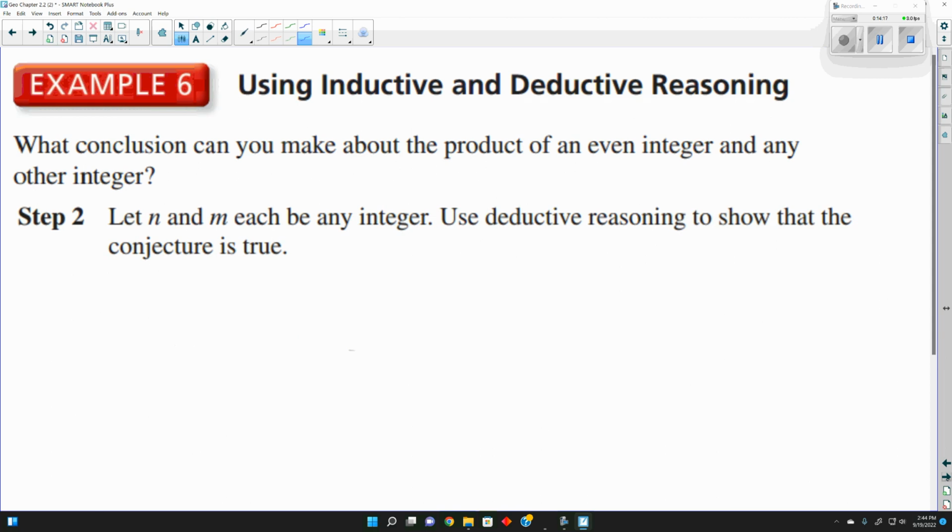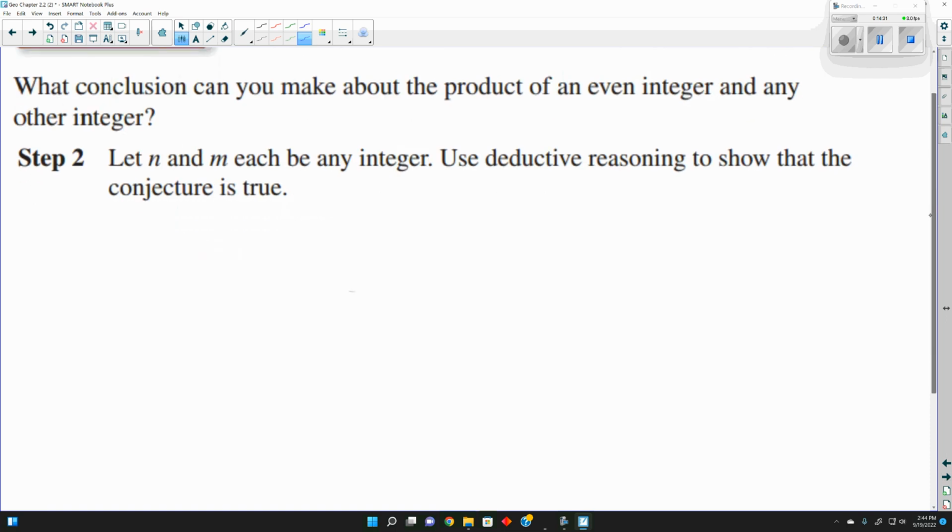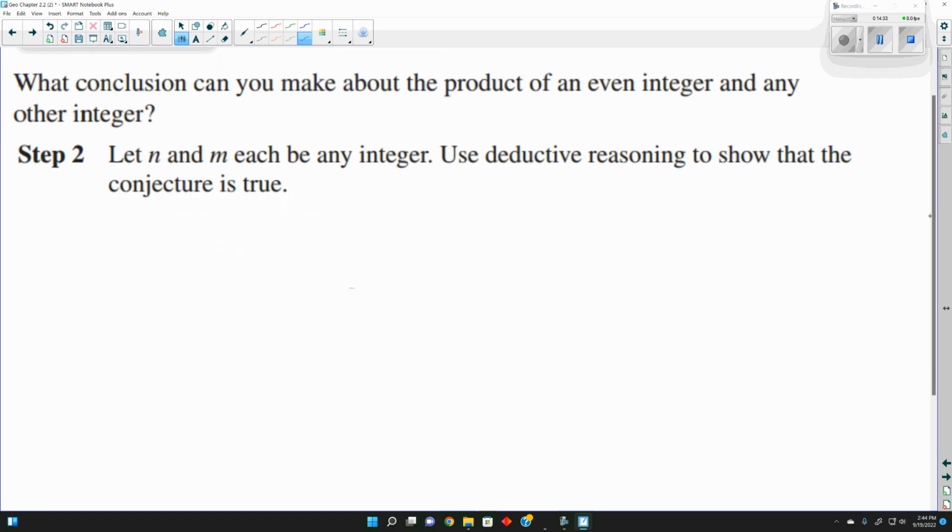Now, we can also do this by deductive reasoning. And a lot of proofs use something like this here. Let n and m each be any integer to show that this is true.